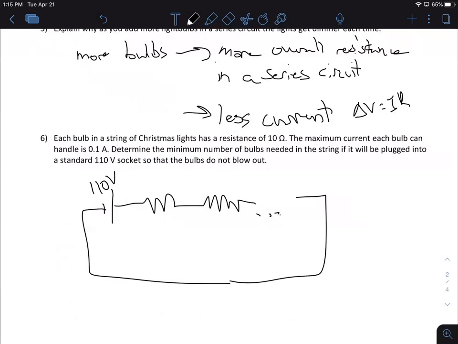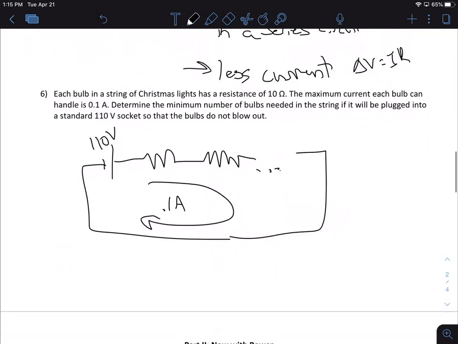One way to think about this is I know I want a current of 0.1 amps. So I can figure out what overall resistance I need.